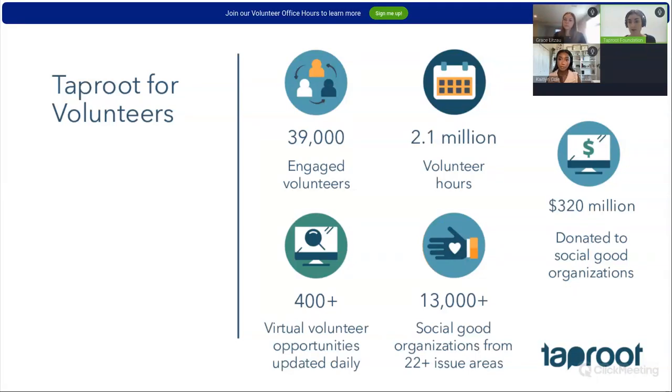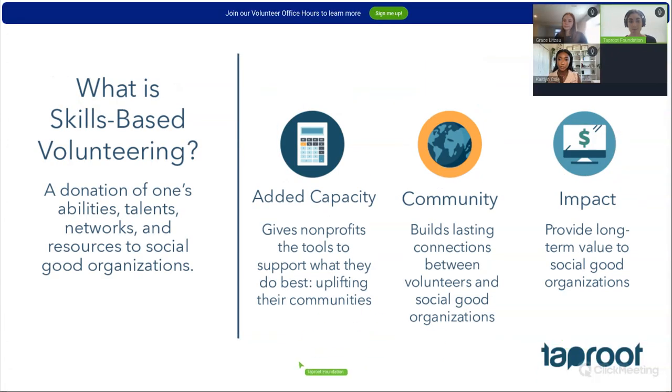Via our Taproot Plus platform, we have over 400 virtual volunteer opportunities listed, which update daily, and that's from over 13,000 organisations. So you can really see the breadth of the work that we do in connecting skills-based volunteers with great social causes. And again, I just want to dig a bit deeper because I've used this term skills-based volunteering a number of times now.